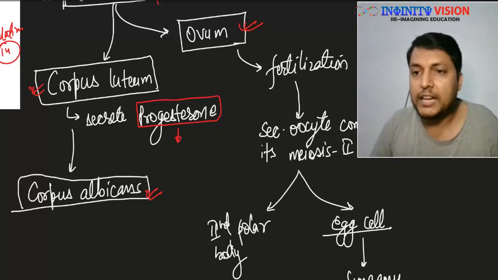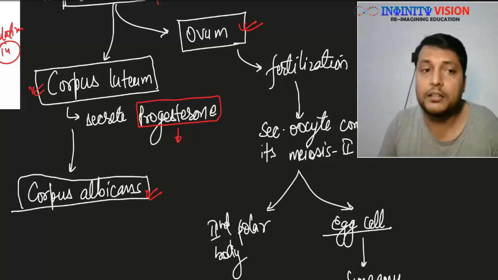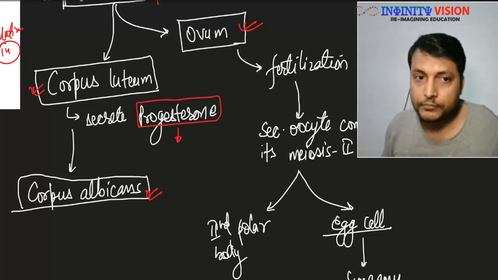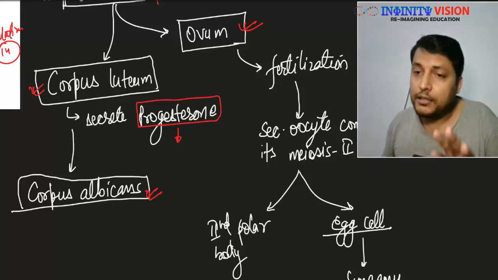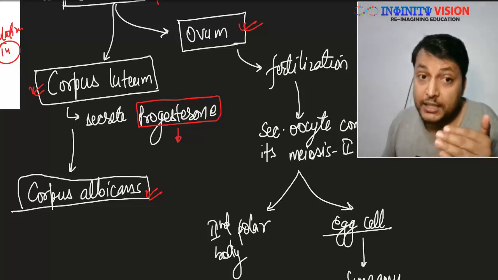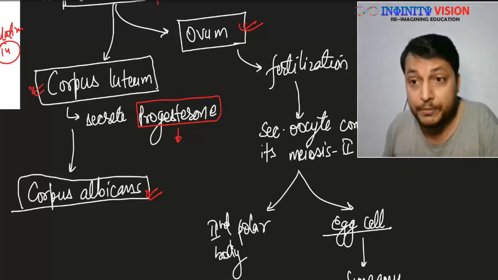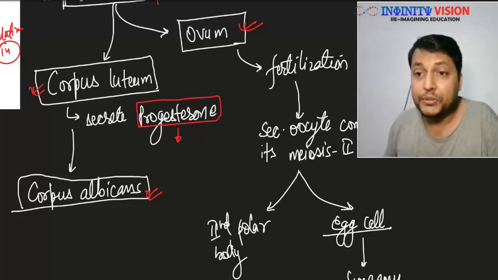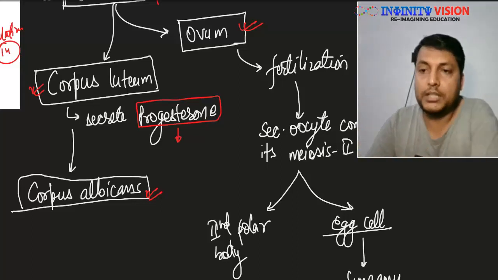Corpus albicans is nothing but the scar tissue of the corpus luteum. Great. So it depends on pregnancy. If pregnancy happens, then the corpus luteum will be maintained for months. If not, the corpus luteum will degenerate by the 27th or 28th day of the menstrual cycle.